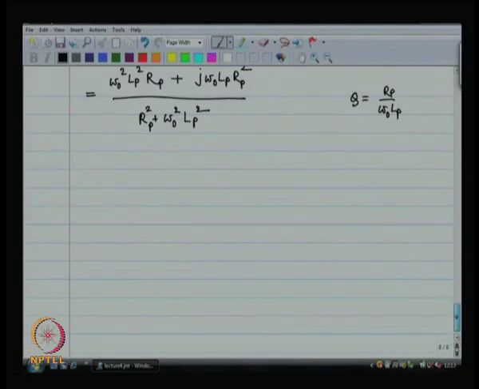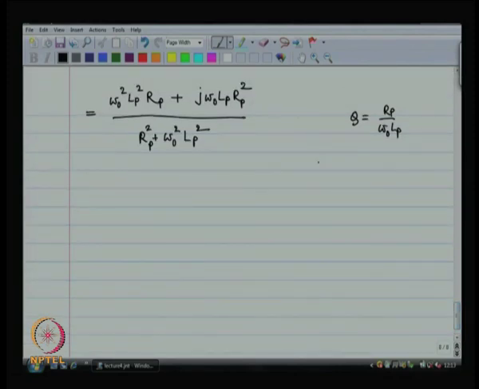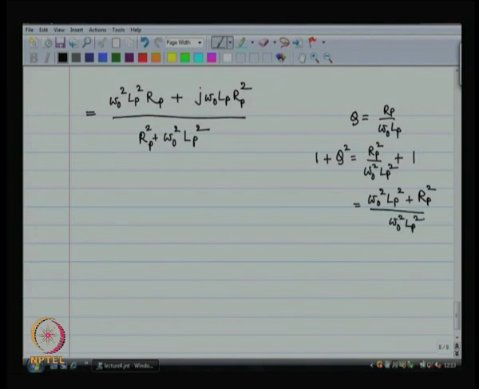So, therefore, Q squared is equal to Rp squared by omega 0 squared Lp squared, and 1 plus Q squared is this plus 1, which happens to be equal to omega 0 squared Lp squared plus Rp squared by omega 0 squared Lp squared, right.